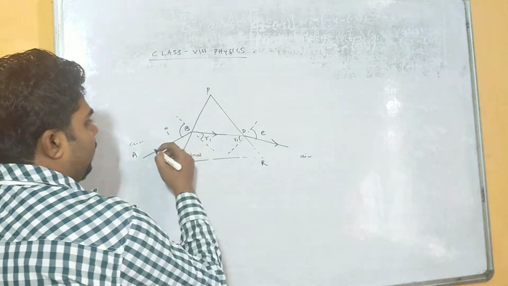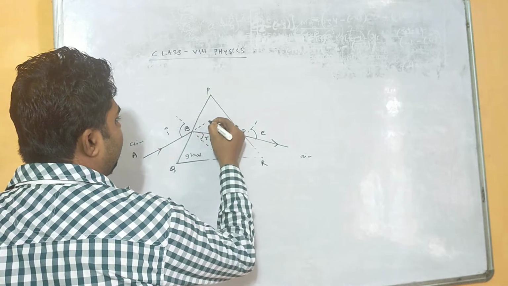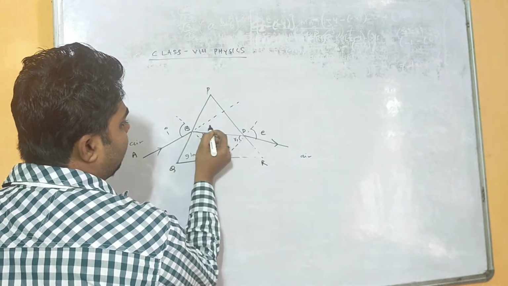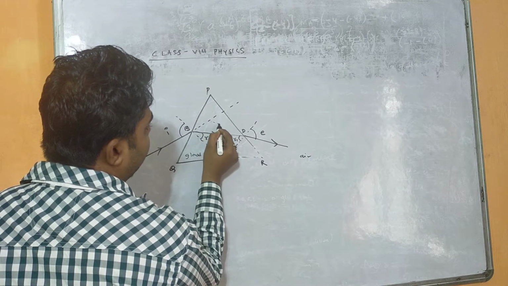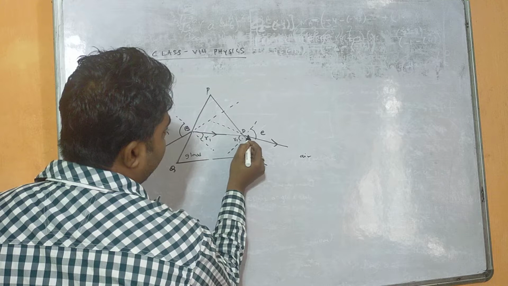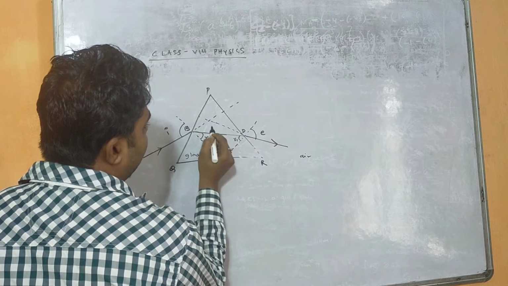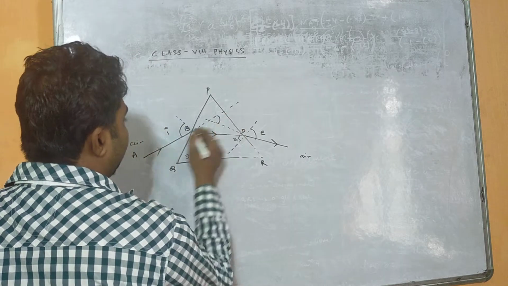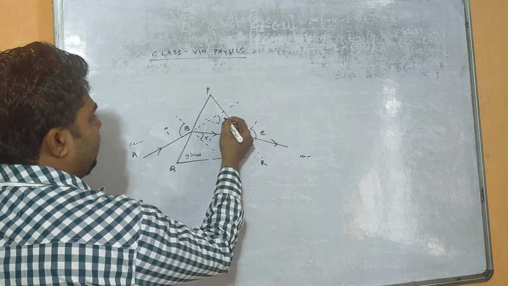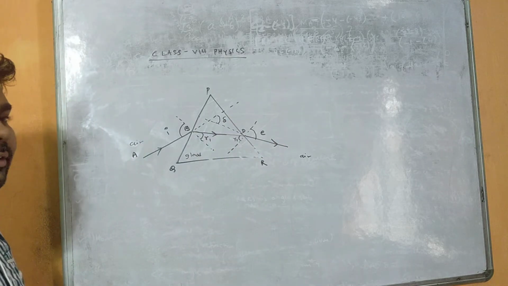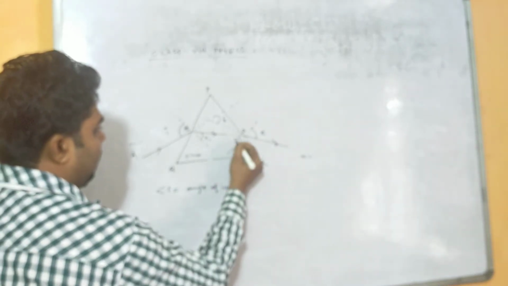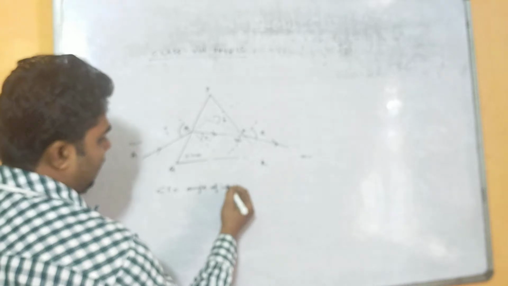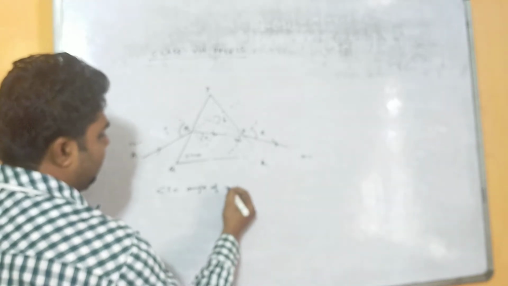Now if this incident ray and this ray are produced back, the angle subtended between the incident ray and the emergent ray is called the angle of deviation. So here angle I is called the angle of incidence.